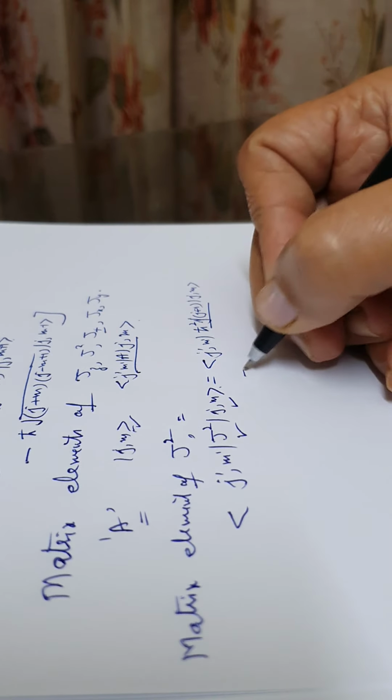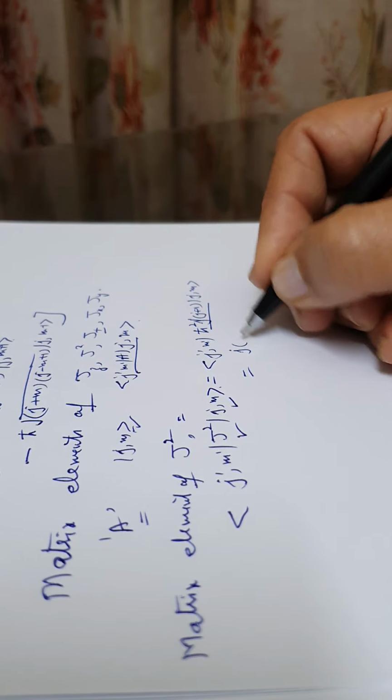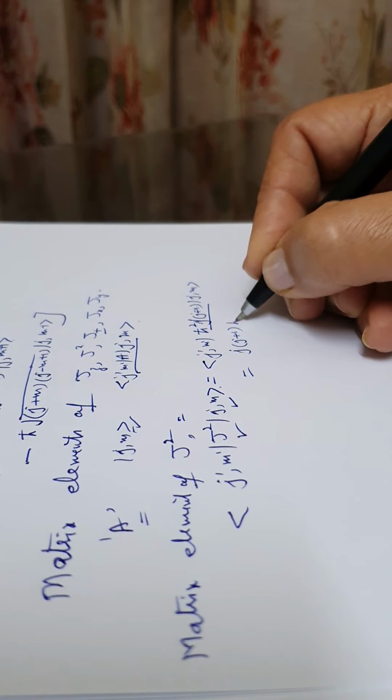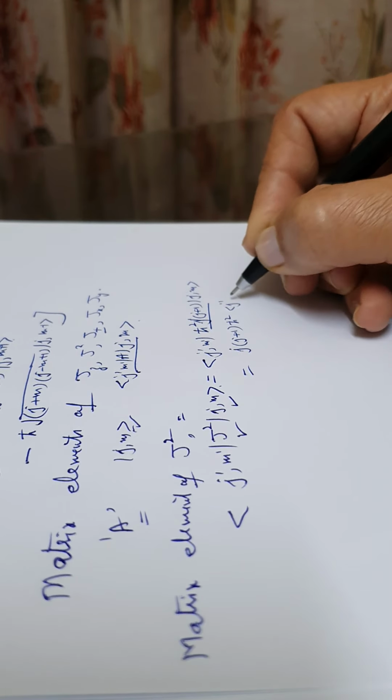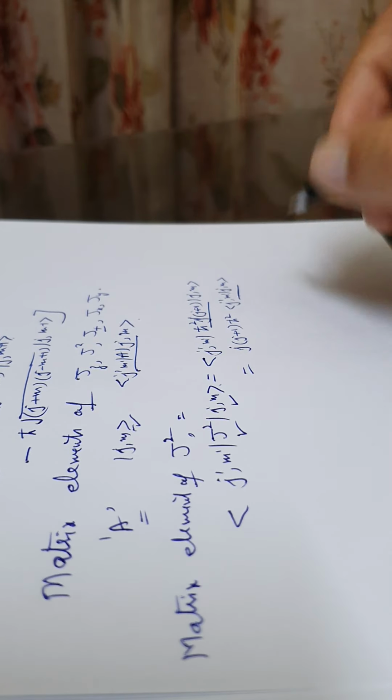As this is a number, I can bring it out. I can write it down: j(j+1)ħ² times the inner product of ⟨j′m′| and |jm⟩. This is a delta function.